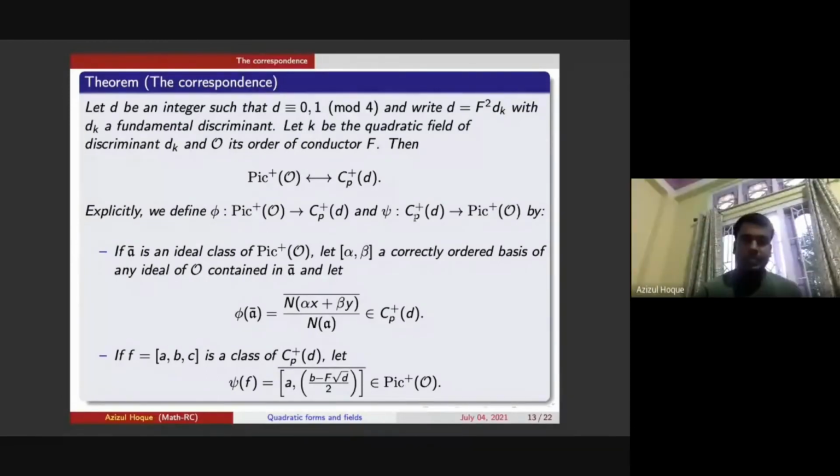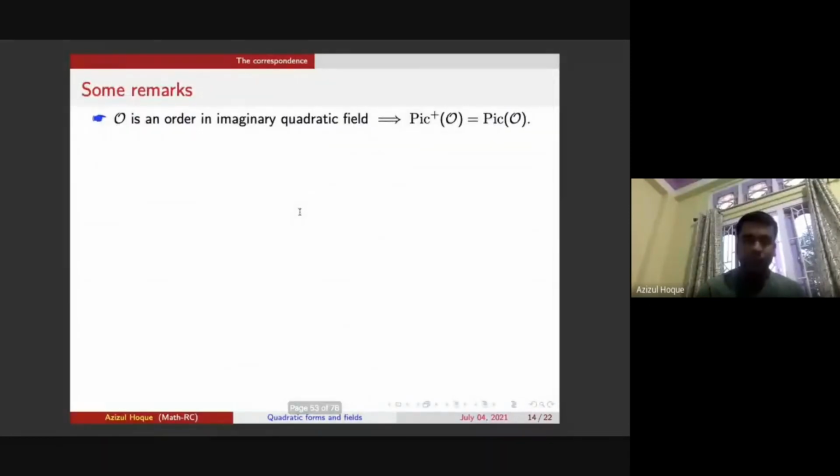So this is the main correspondence, and here I would like to draw some concluding remarks. In the case of an imaginary quadratic field, Pic plus and Pic are identical, because the norms of the elements are always positive.